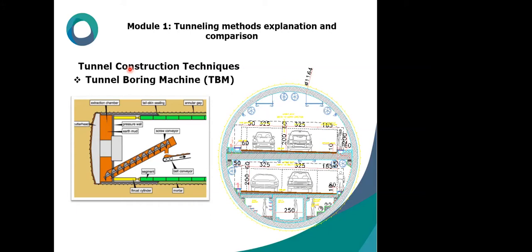TBM is categorized in different ways. We divide them based on the face stabilizing technique on one hand, and on the other hand, based on the advancing approach. Furthermore, we have EPB or slurry shield, and so on, while we have single and double shield TBMs.